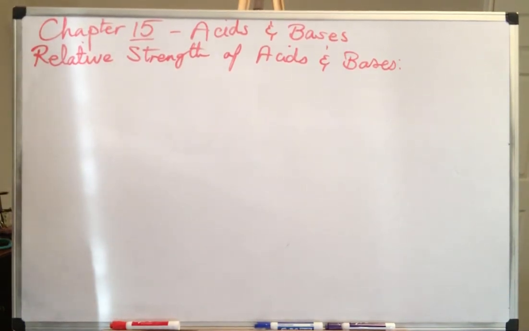Second part, we're talking about the relative strength of acids and bases. You remember in Bronsted-Lowry theory, we talked about conjugate acid-base pairs.